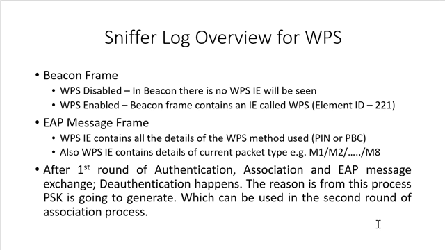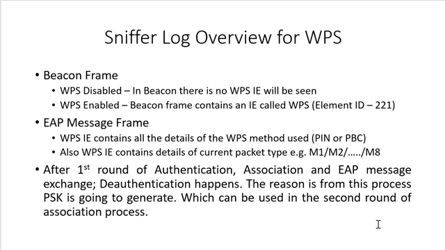If WPS is enabled, then that beacon frame contains an IE called WPS. Element ID is 221. If WPS is not enabled, the beacon frame does not contain the WPS IE. This is the first thing. You will come to know that WPS is enabled on the AP which I am going to connect with.